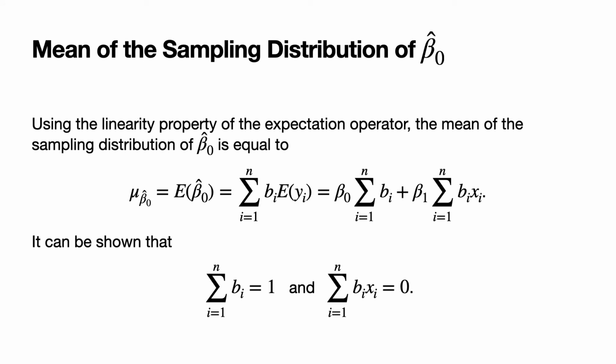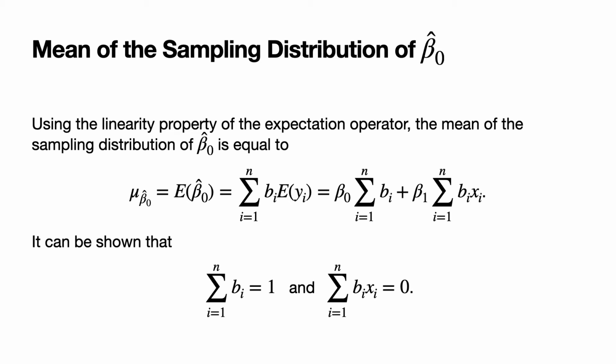And so using the linearity property of the expectation operator, the mean of the sampling distribution of beta 0 hat, which we will denote by mu sub beta 0 hat, we'll also denote that as the expected value of beta 0 hat because they're the same quantity. And so that is equal to, by the linearity property of the expectation operator, the sum, i going from 1 to n, of b sub i times the expected value of y sub i.